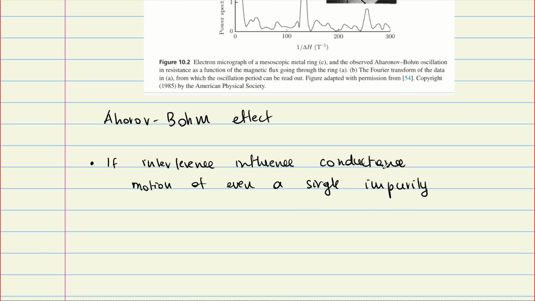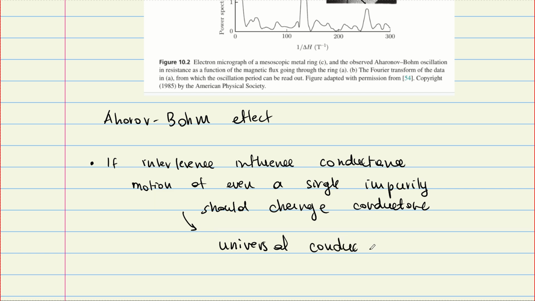If the electron propagates through some impurities, even if you change just one single impurity, it's going to change the total path of that electron, and it should also influence the conductance. A tiny change should have an effect on conductance. And we'll see that this is indeed the case, and this is called universal conductance fluctuations, UCF for short.